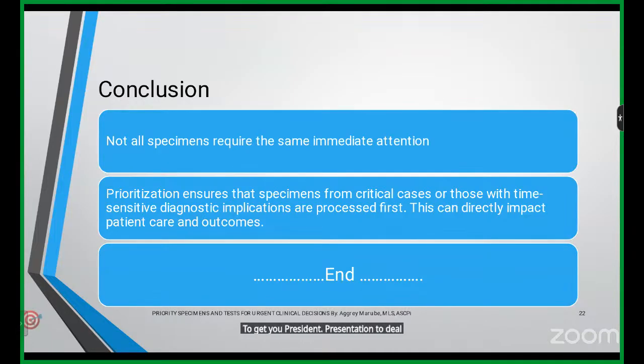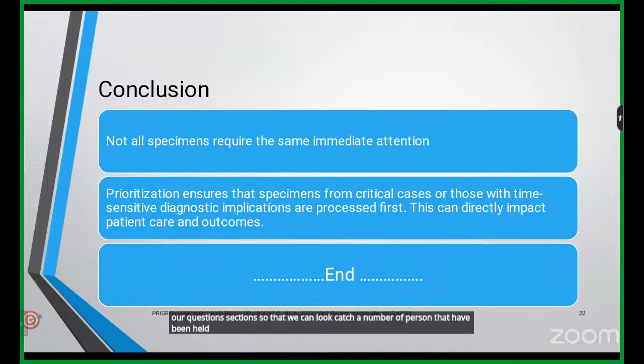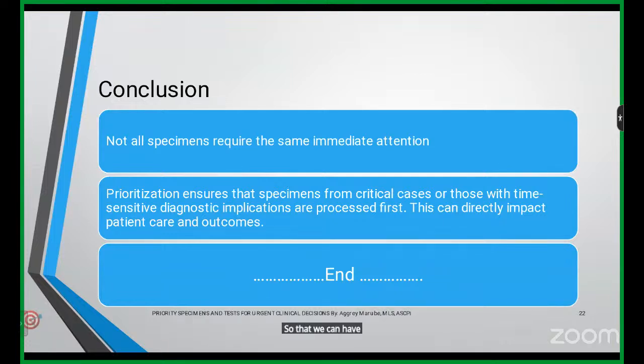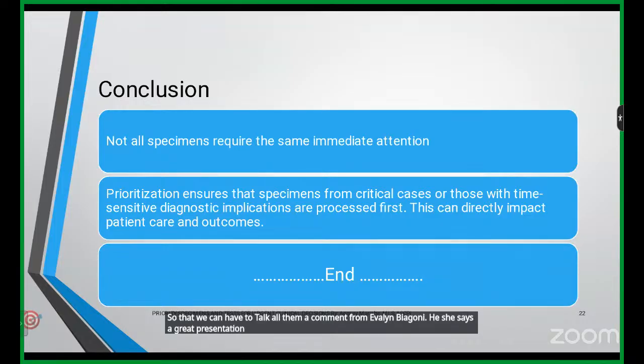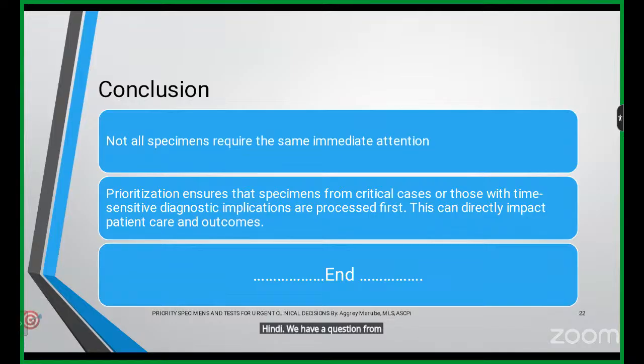And so we want to go direct to our question section so that we can look at a number of questions that have been raised so that we can tackle them. A comment from Evelyn B. Gadoni. She says, a great presentation. And we have a question from Ocharo Eric to everyone.